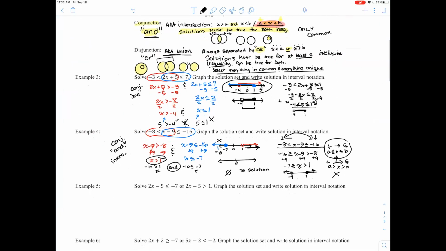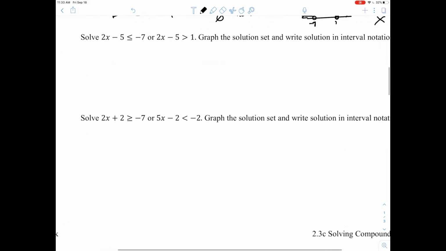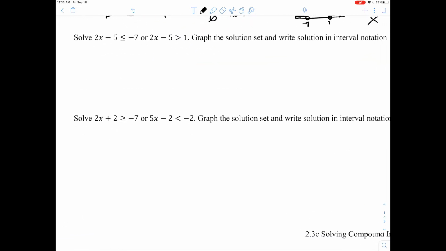All right, so those are your conjunctions. Now let's take a look at these. These are your disjunctions, and we know they're disjunctions because they're joined by the word or. Okay, so let's do this real quick.